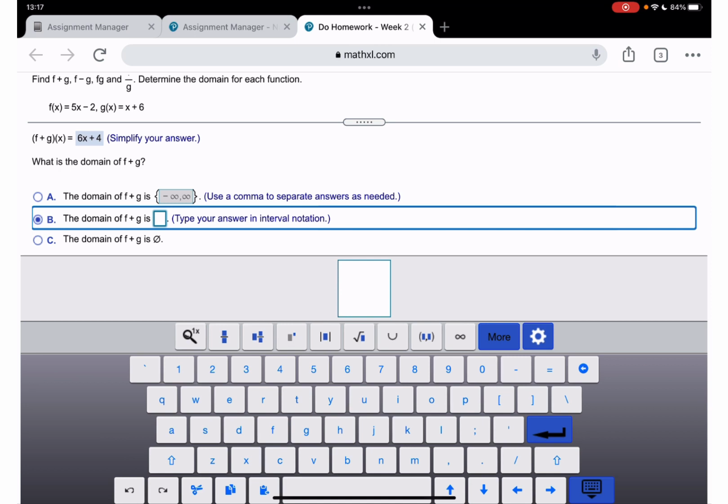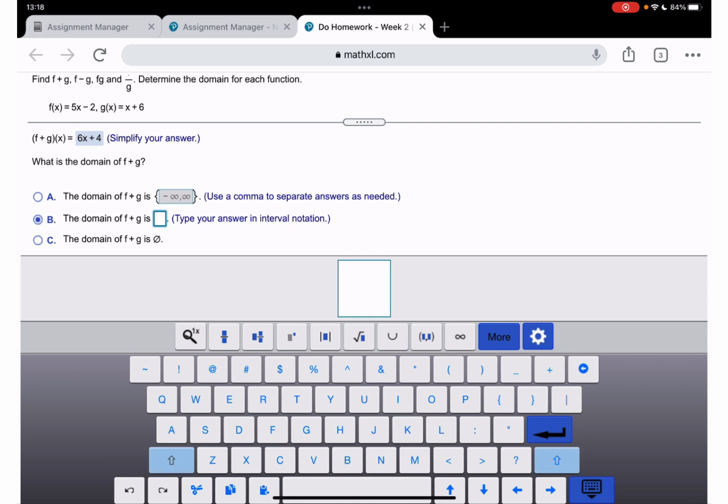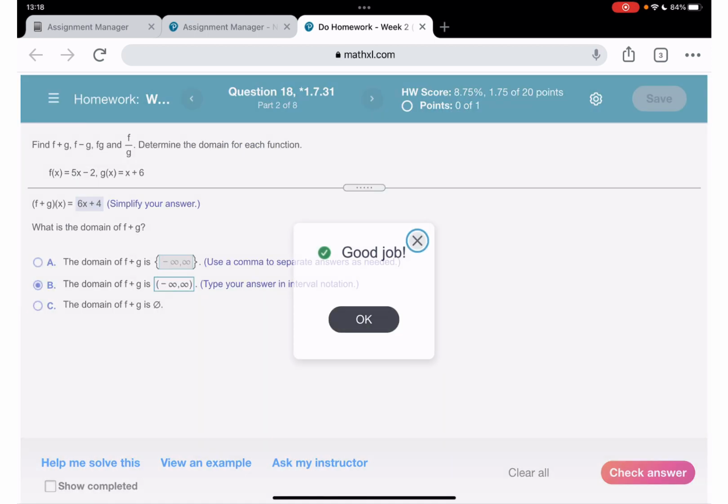So it's the same answer, we just put in the right parentheses: negative infinity, comma, positive infinity, and close parentheses. See, here we have curly braces. In curly braces you put only specific answers, let's say 4, 5, and 7. But we are putting a range, so we use parentheses. Interval. Good job.